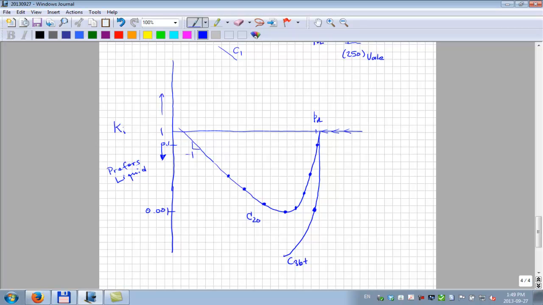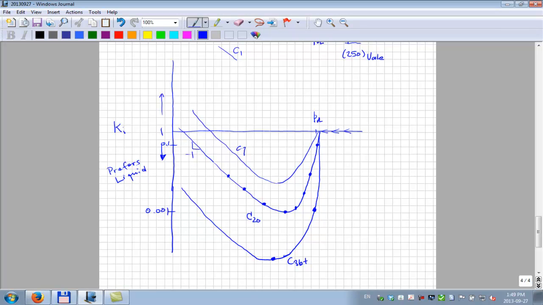Same thing's happening for every one of these components. C7's the same way. And even the C30, I'm not quite sure where it'll reach the minimum, but that's pretty nasty looking.